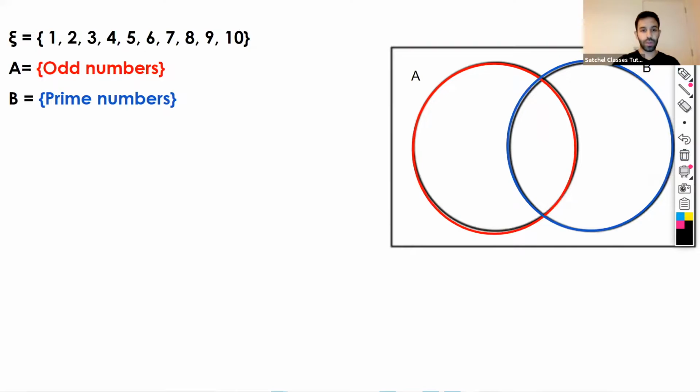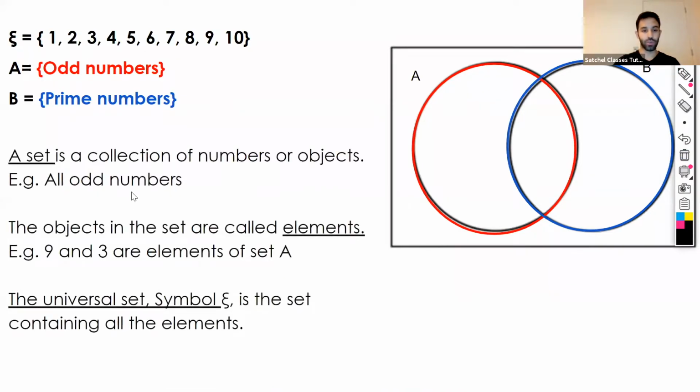All right, so like I said, here are some definitions if you just want to have a quick read of them. So a set is a collection of numbers or objects. In this case, all odd numbers are set A, all prime numbers are set B. The objects that are in a set are called elements.